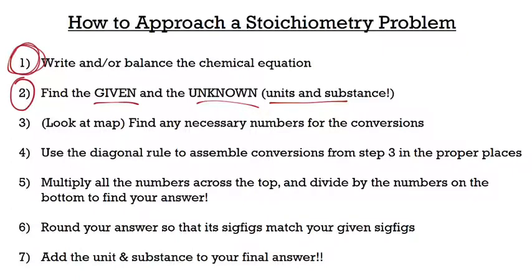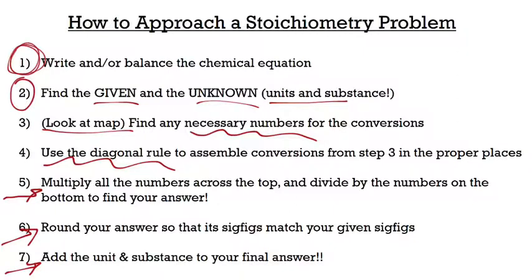And that's going to be setting up our question so that we can look at the map and use that to figure out what numbers we're going to need, start using that diagonal rule to put all of those things together. And then once we're done, we can do all of the multiplying and dividing to find the real answer. We round the answer and add units and substances. So those last few are really like just finding the answer, but I broke that down to make sure we remember all of those things we got to do once we get there.